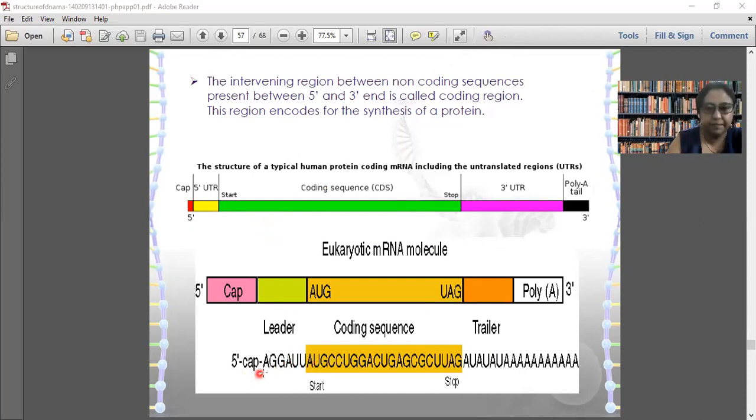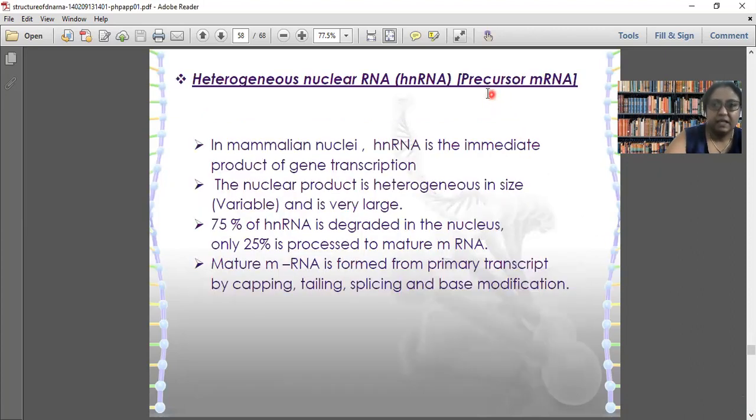See, this is the DNA from which the RNA is produced with a start codon and stop codon. HnRNA is a precursor of messenger RNA. This is existing only in case of eukaryotes. HnRNA is a bit bigger than the messenger RNA.